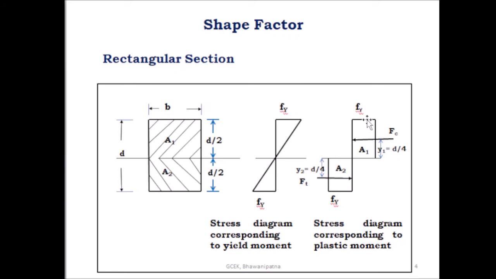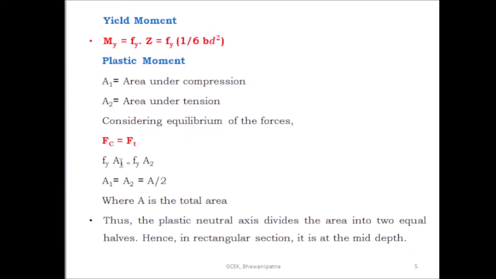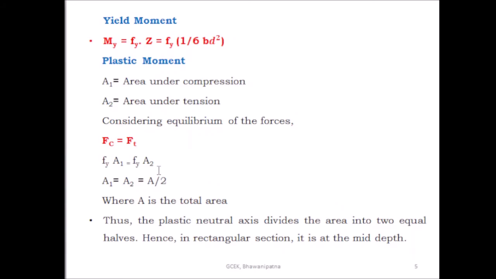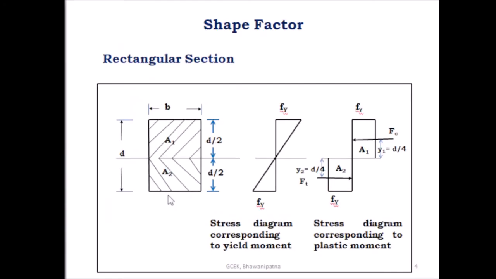So what is the compressive force Fc? Fc is equal to Fy into A1, and Ft is equal to A2 into Fy. But in the case of plastic theory, the plastic neutral axis divides the area into two equal halves.